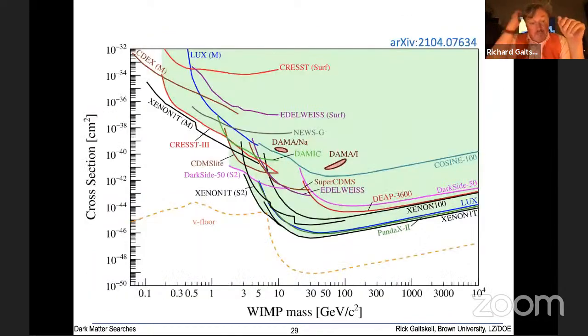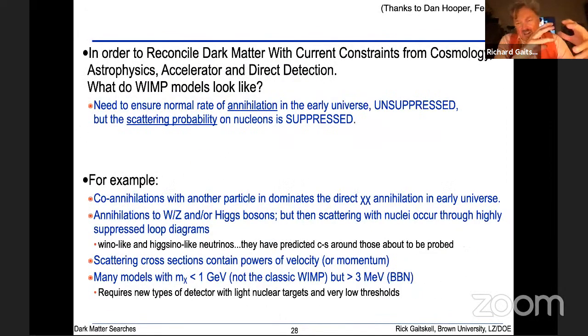just simply by suggesting that the models, and maybe this is an example of Sod's law, certainly for those of us looking for direct scattering, have the probability of scattering on nucleons suppressed while you have the necessary rate of annihilation. And there are a number of possible explanations.